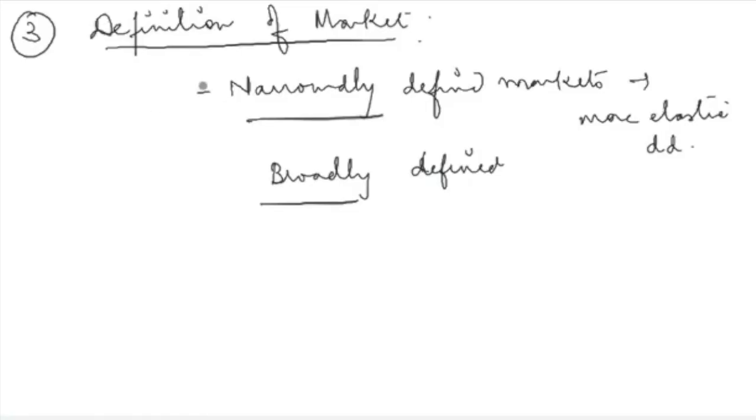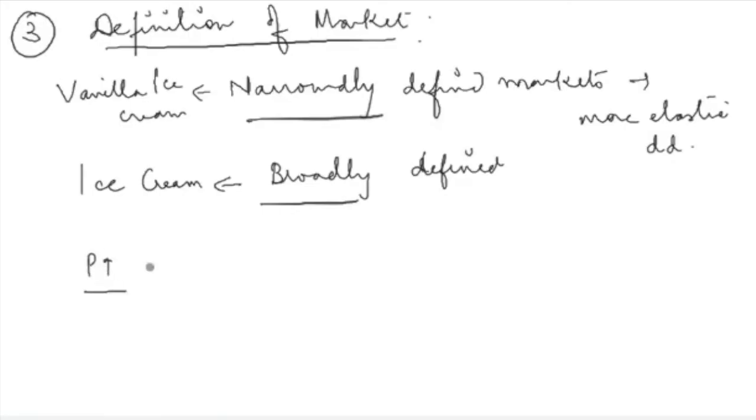Narrowly defined means the more specific you are about a good. Suppose I keep ice cream as a broad category and vanilla ice cream as a narrow category. We say that the more narrowly you define your good, the more elastic the demand curve of that good will be.